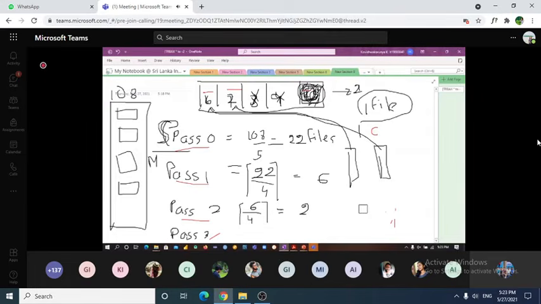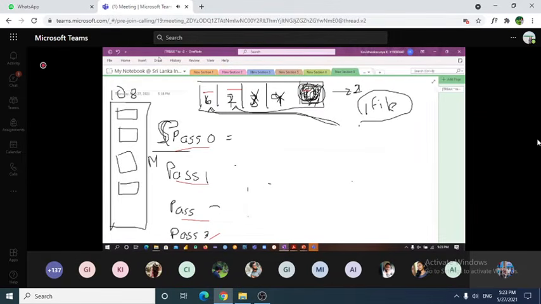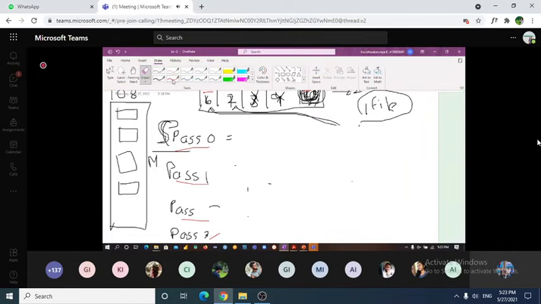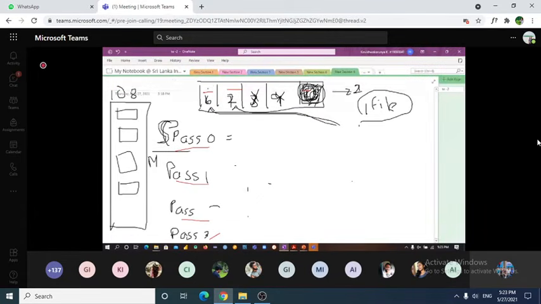So to find the cost of external sort, what you have to do is you need the number of passes times the number of pages times 2. I'll explain why this is 2 and the number of pages.